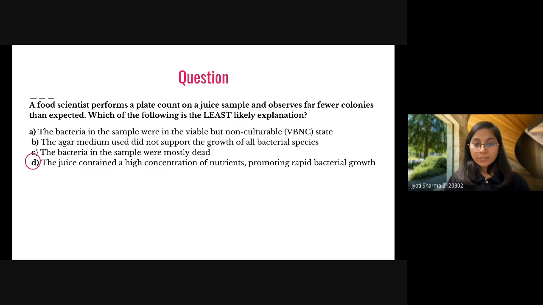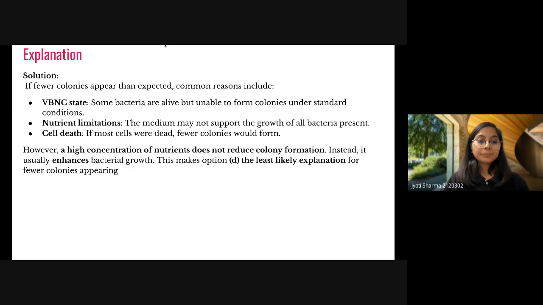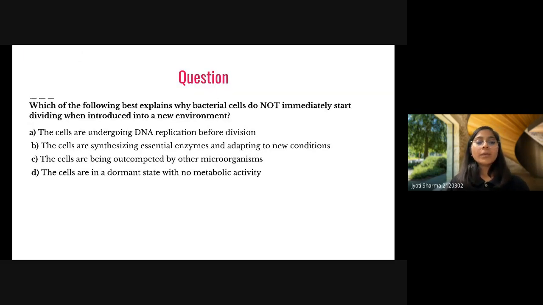Okay, coming to the next question, this explanation I have given already. Which of the following best explains why bacterial cells do not immediately start dividing when introduced into a new environment? As I told you, we have the lag phase, then log phase, then stationary phase, and then the death phase. The lag phase is the time when the bacterial cells will not divide, but will take some time to adapt to the climate.